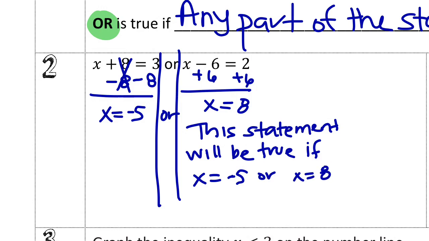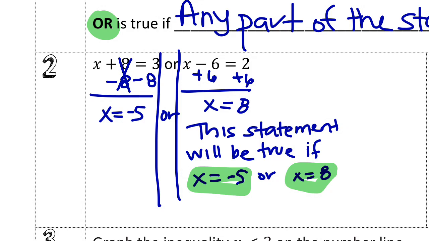In this case, it's almost like this statement has two solutions, because either one of these numbers, when I plug it in, is going to make part of this compound statement true. And if any part of an or statement is true, the entire statement is true.